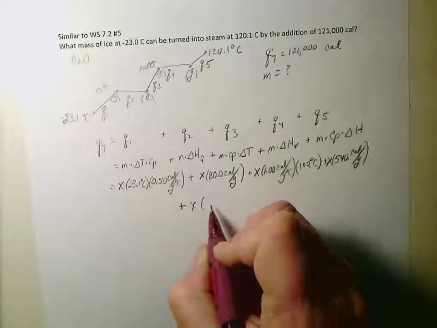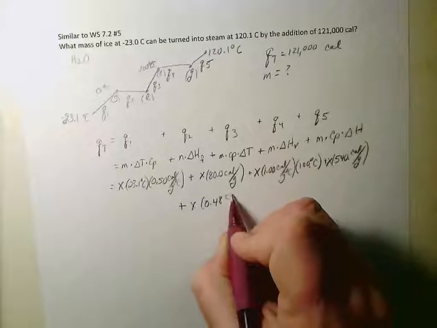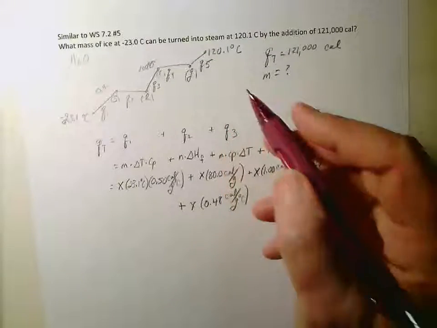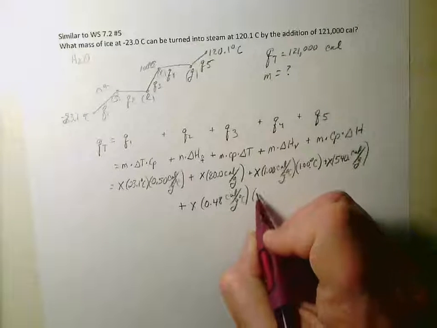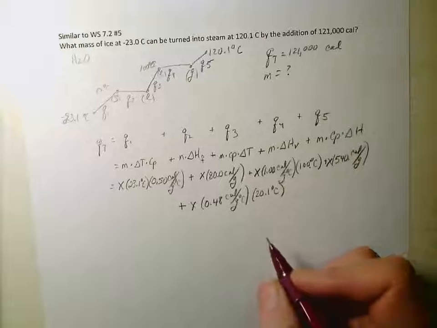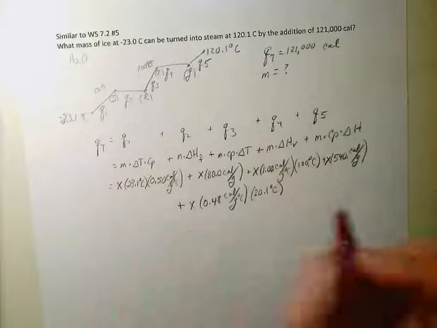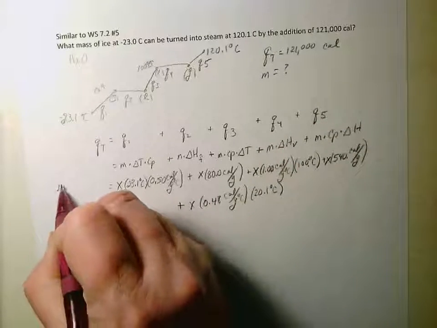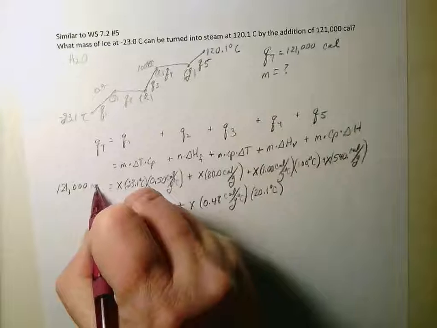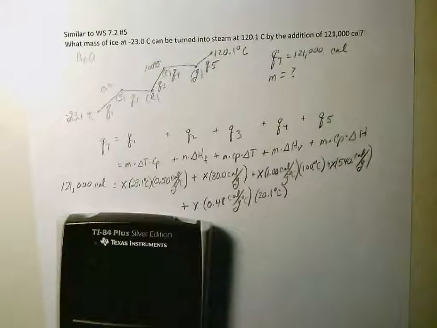My C sub P for steam is 0.48 calories per gram degrees Celsius. And my temperature change is going to be 20.1 degrees Celsius. So now I'm going to multiply out all these numbers and just get them all in terms of X. And this equals 121,000 calories. So, got some calculating to do.